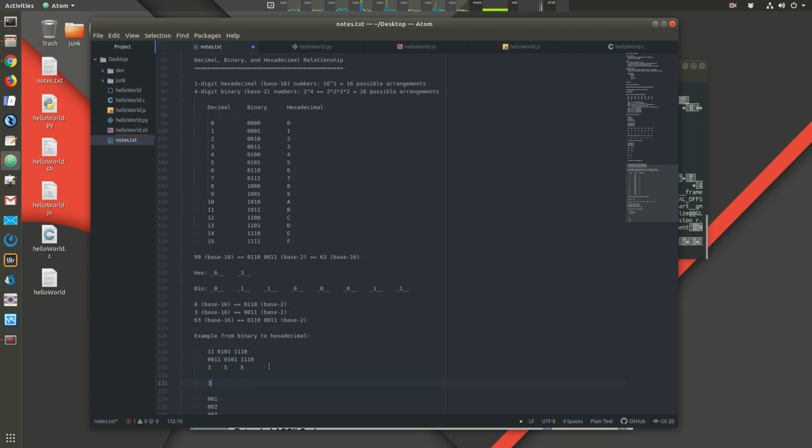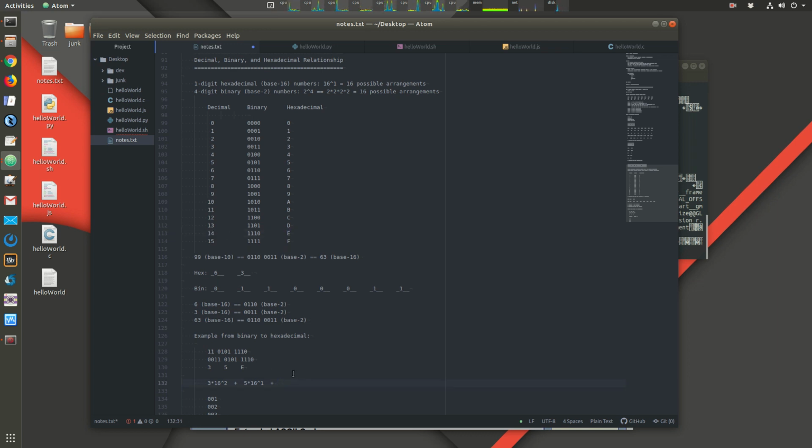What does that equal in decimal? Well, we have a 3 in the 16 to the 2nd power's place. And then we're going to add a 5 in the 16's place, so that's 16 to the 1st power. And then we have an E, which is 14.